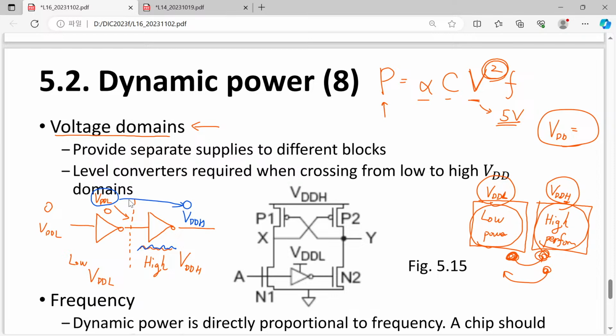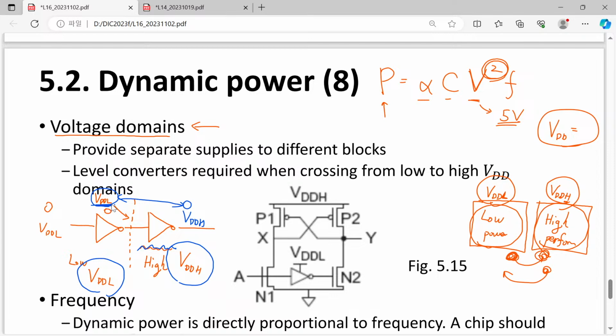From the viewpoint of VDDL, this is really a logical high value. However, from the viewpoint of the relatively higher VDD high, this one is not a strong logical value 1. This is quite weak, and depending on the situation, that introduces a potential problem for our application.